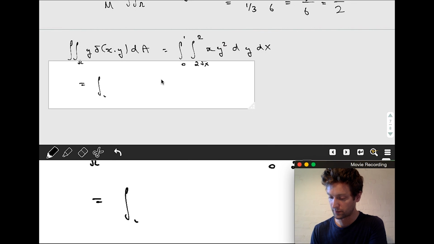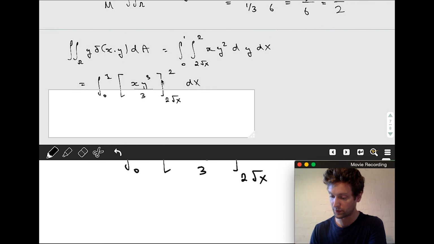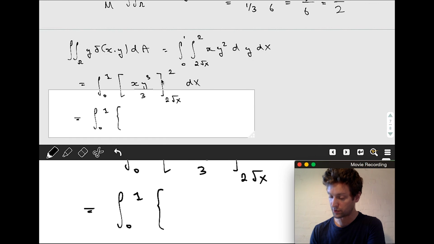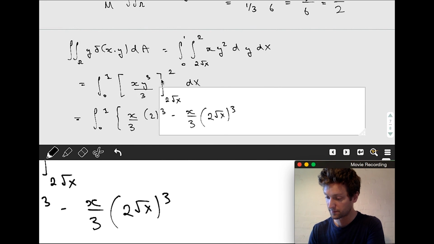So I get the integral from 0 to 1 of x times y cubed divided by 3, from 2 root x to 2. Let's substitute in y equals 2 and y equals 2 root x. So I get x over 3 times 2 cubed minus x over 3 times 2 root x cubed.